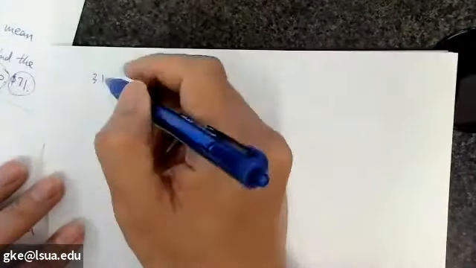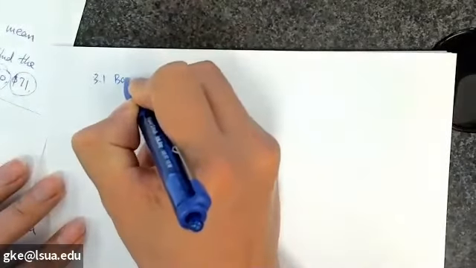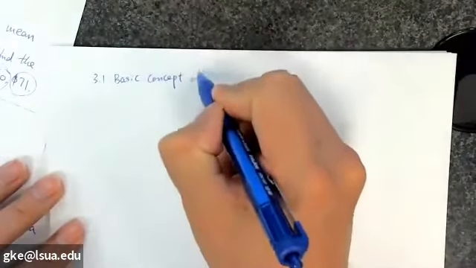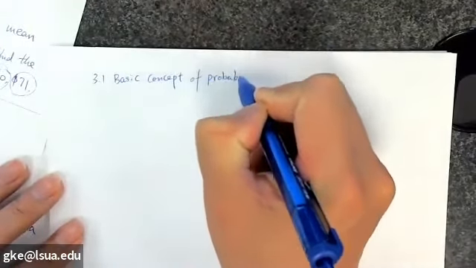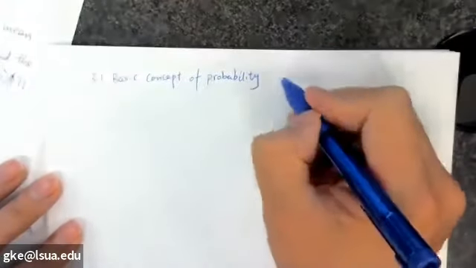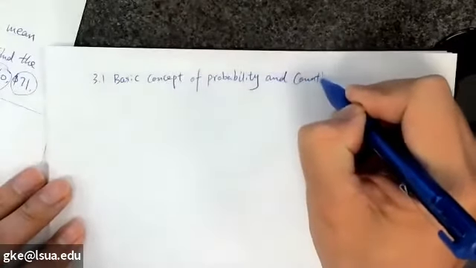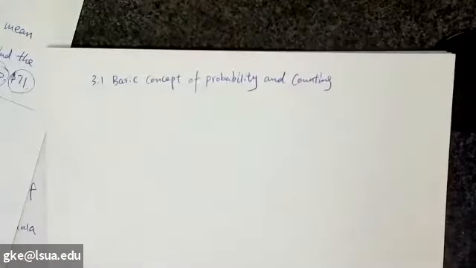We're going to go to chapter 3.1, basic concepts of probability and counting. Probability and counting.